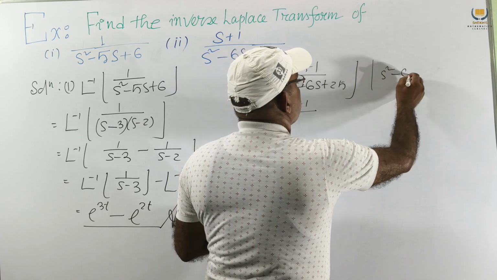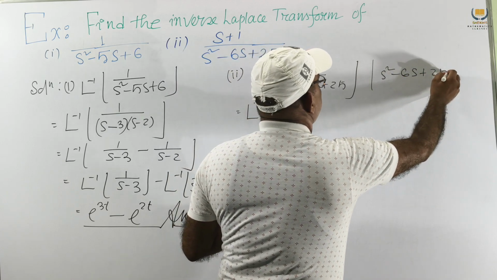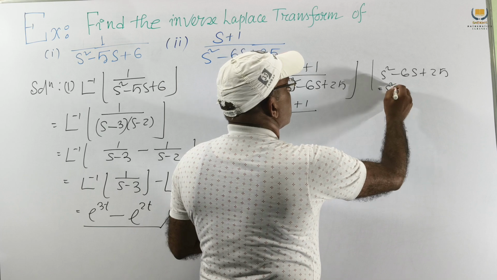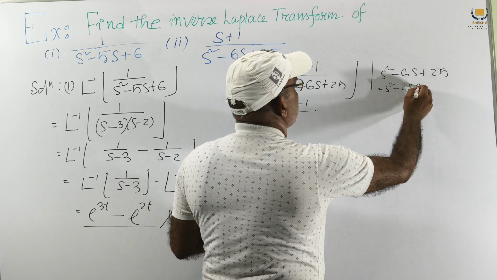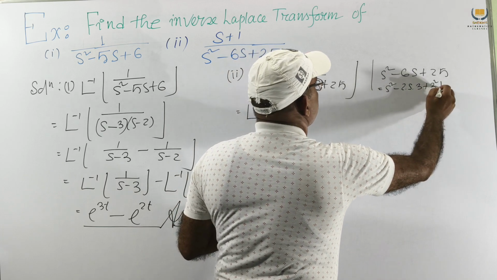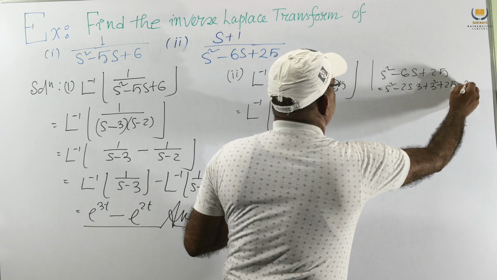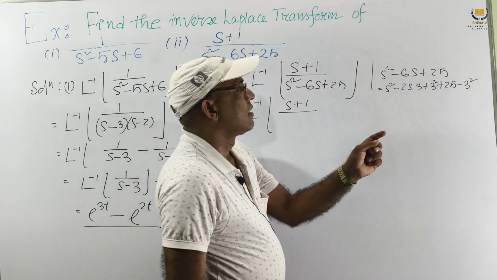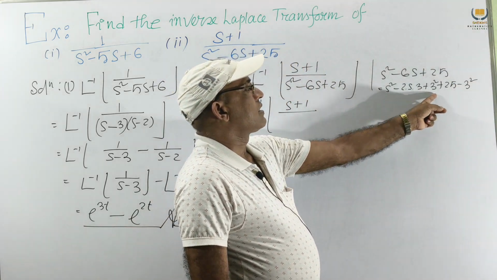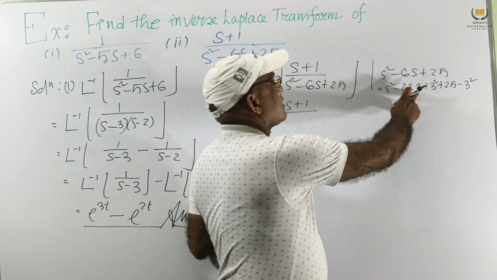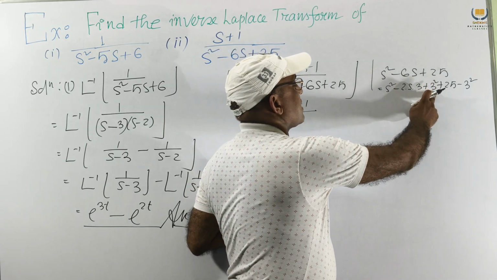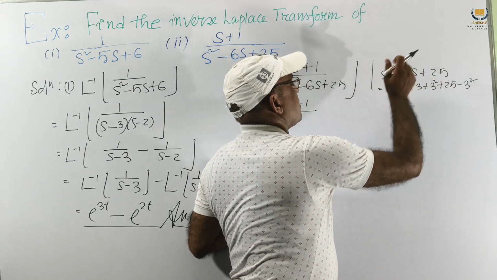S square minus 6s plus 25 is s square minus 2 into s into 3 plus 3 square, then 25 minus 3 square. The 3 square is extra, then minus 3 square, so this cancels.